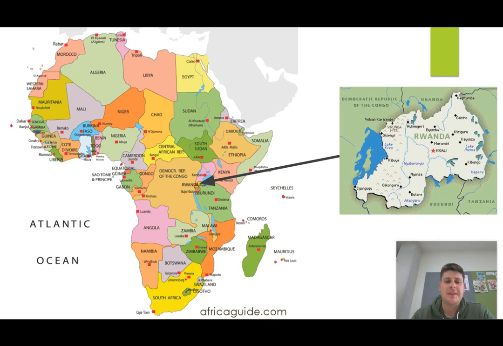It's surrounded by the Democratic Republic of the Congo, Burundi, Tanzania, Kenya, and Uganda. Rwanda is quite small, considering we've got the Congo there, and Algeria, Libya, Angola, all of these larger nations. Rwanda is quite tiny.